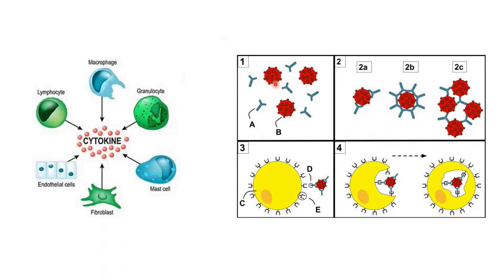The body actually releases some specialized chemicals, and these chemicals get attached to this pathogen. We call them tags or opsonins. These act as signals for the body to detect them as pathogens. So these opsonins get attached to the surface of the pathogen in this way. This is called the opsonization of the pathogen.